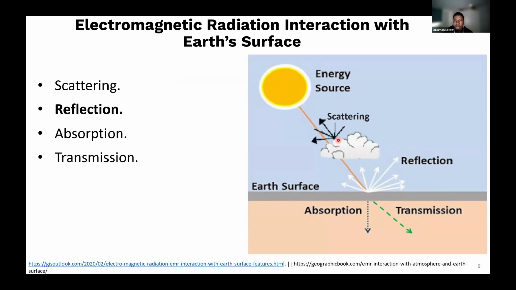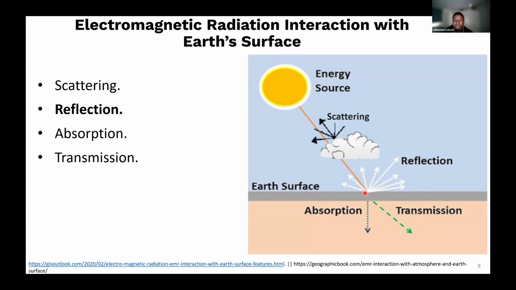So it can be scattered in the atmosphere and this particle prevents the radiation or the energy from getting to the Earth's surface. But in most cases, the visible, infrared, and microwave parts get to the Earth's surface. So when the radiation gets to the feature on the Earth's surface, three major things can happen.